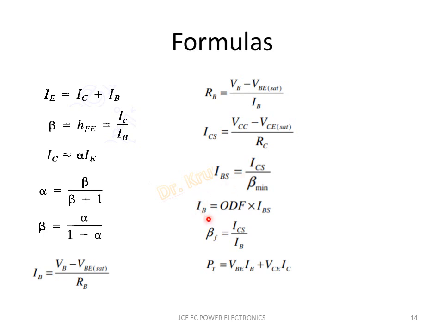Then overdrive factor: IB equal to ODF into IBS, and forced beta equal to ICS upon IB. And PT, the overall power, is equal to VBE into IB plus VCE into IC. So these are the formulas that you should use whenever a problem is given to you.